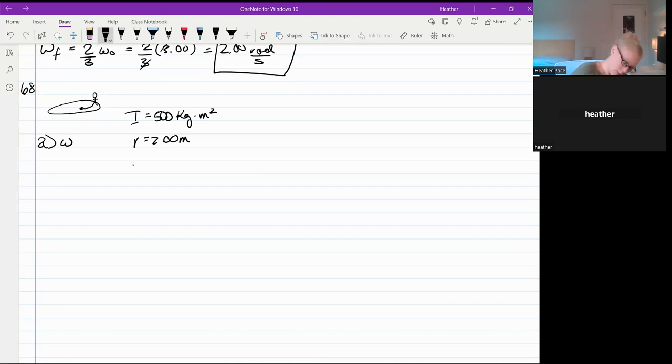We are given omega naught, 0. Her velocity is 1.5 meters per second. So her velocity, we need to point out like that.